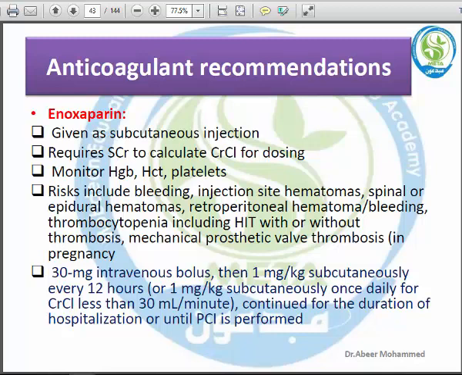If the patient's age is above 75 years, the dose will be 0.75 mg per kg every 12 hours if he or she has good creatinine clearance. But when the creatinine clearance is less than 30 and the patient is 75 or older, the dose will be 0.7 mg per kg once per day. Enoxaparin should be continued for the duration of hospitalization or until PCI is performed.